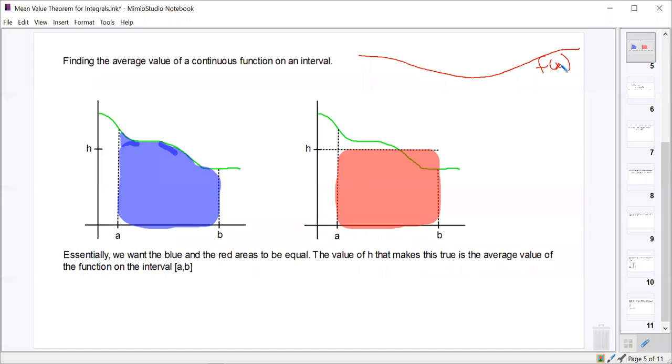And then maybe I have some function that represents that. Well, if I just asked you to find the average depth of the pool during the entire year, the only way currently that you'd have to do it is just take some points, like, oh, I measured it on January 1st, it was this depth. I measured it February 1st, March 1st, April 1st, May, and so on, right? You find a bunch of data points, and what would you do with each of those?